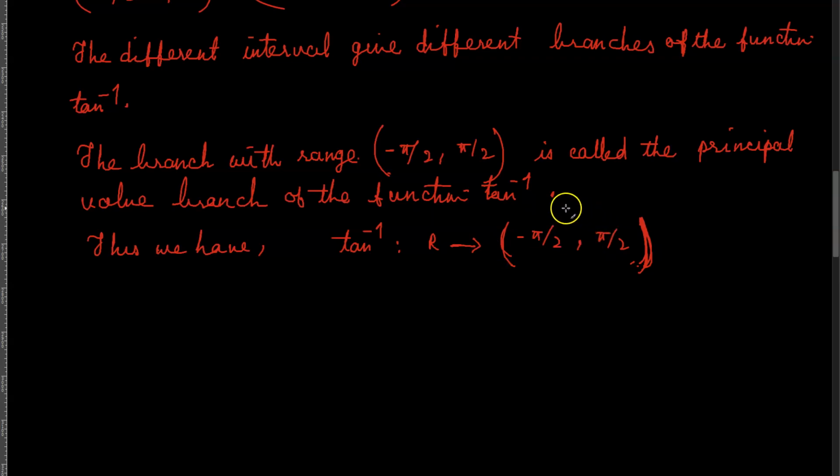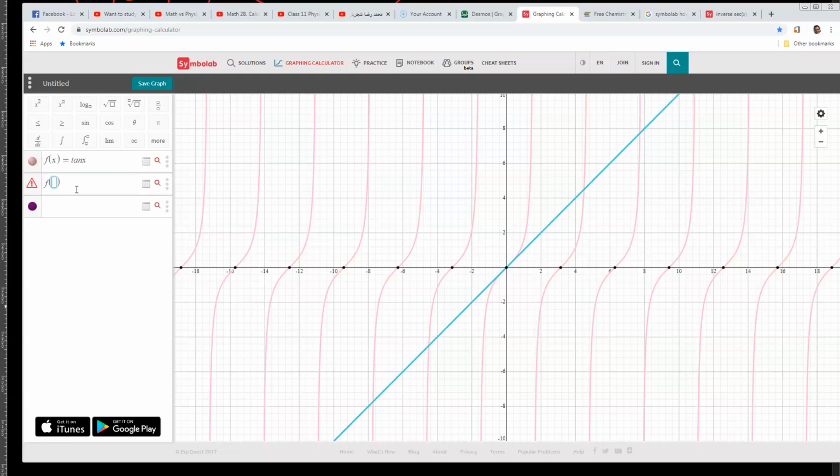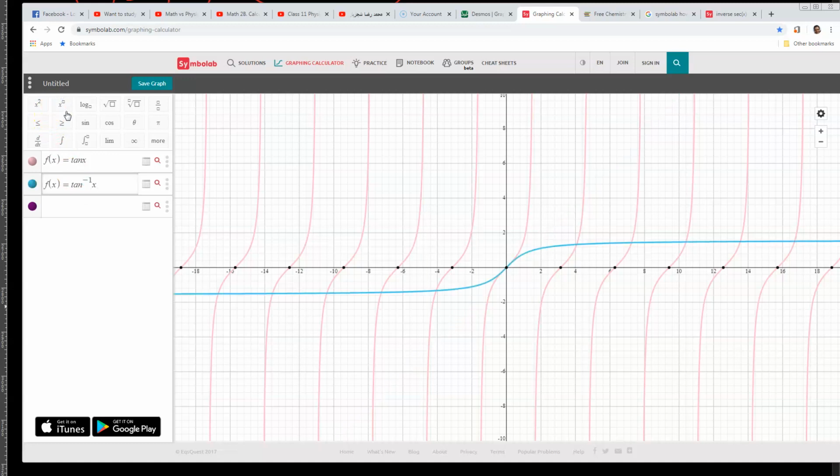If you do the graph of the function, you will get this graph over here, which is f of x equals tan x, and the inverse of the function would be f of x equals tan inverse of x.